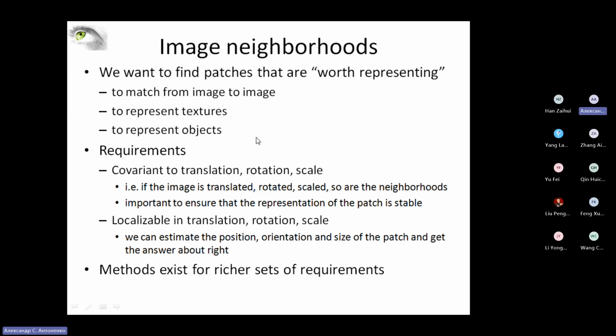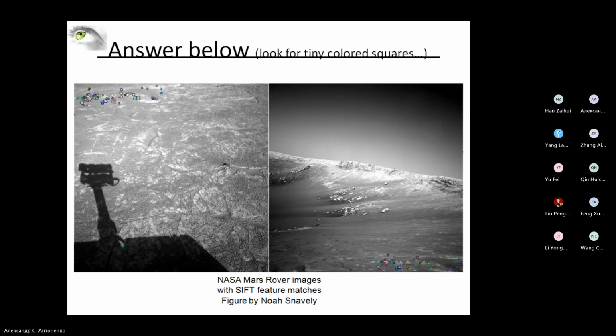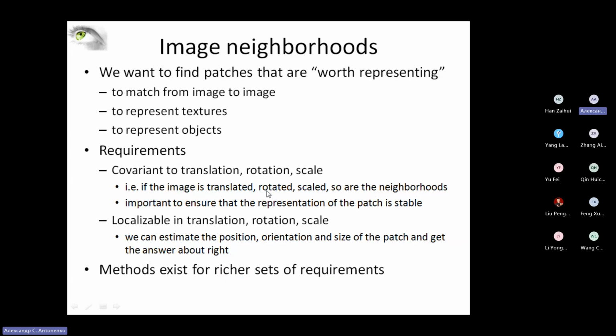What is actually covariant? If the image is translated or rotated or scaled, so we move this image from up to left, or maybe we rotate, or even change not only translation, rotation, and scale, but even the illumination.